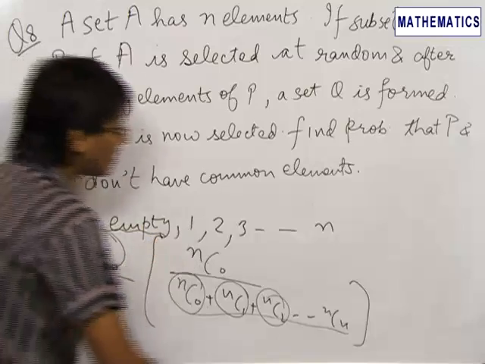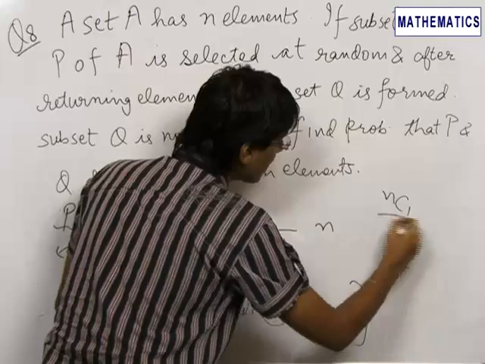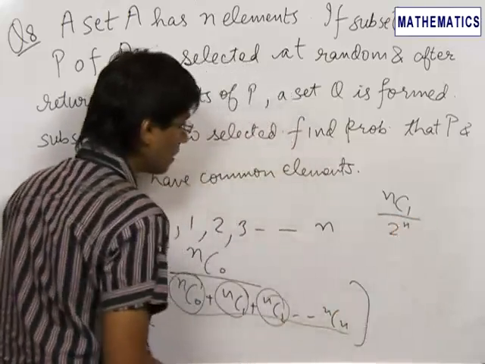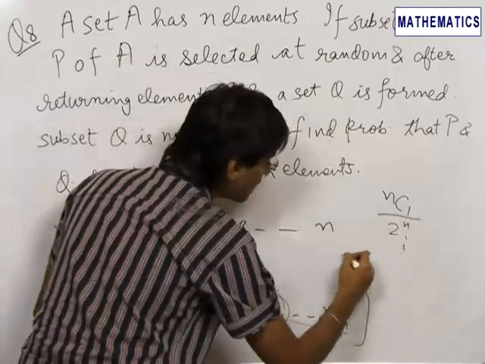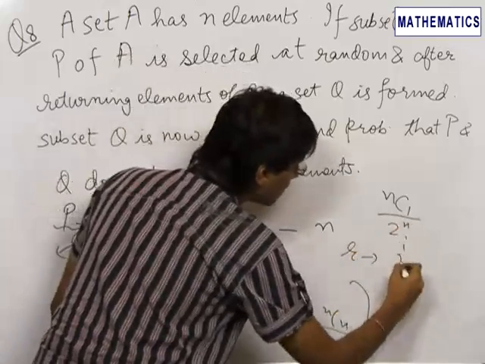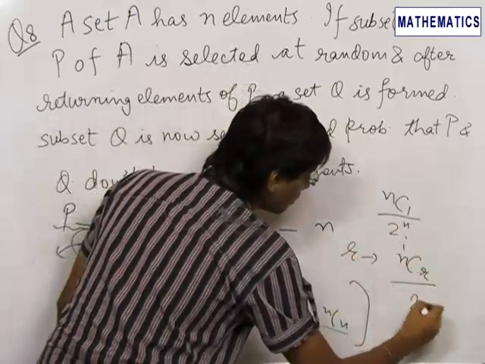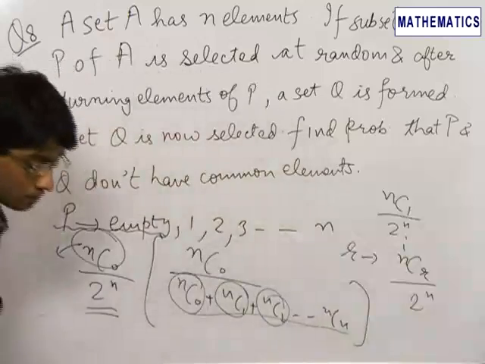Similarly, if set P is having one element, then probability is nC1 upon 2 power n. And generalizing this, if the set P is having r elements, the probability is nCr upon 2 power n.